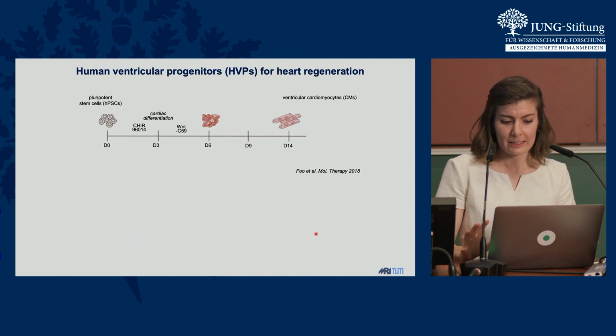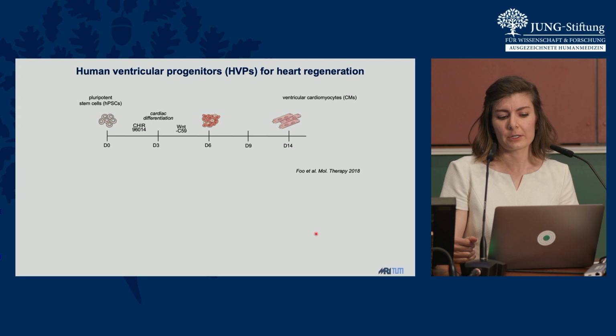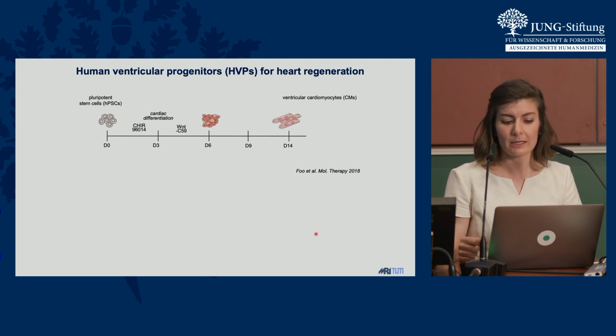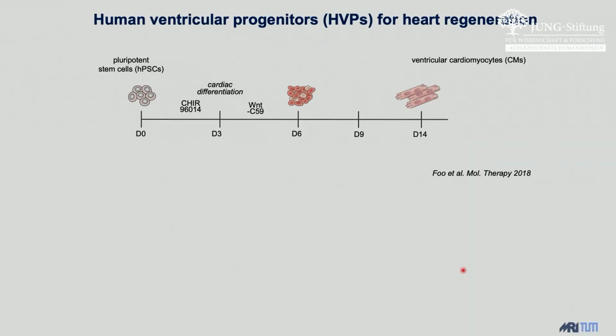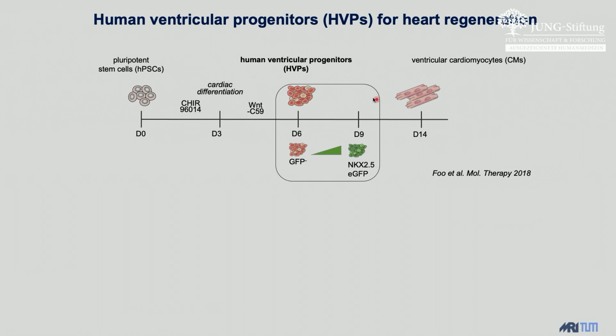I want to highlight the cells that we were interested to investigate in this context. As I said before, we wanted to have not fully differentiated cardiomyocytes, but we're rather interested in cardiac progenitor cells that are differentiated towards cardiomyocytes, but we obtained them already at developmental day 6.